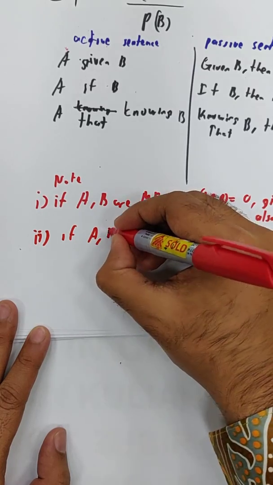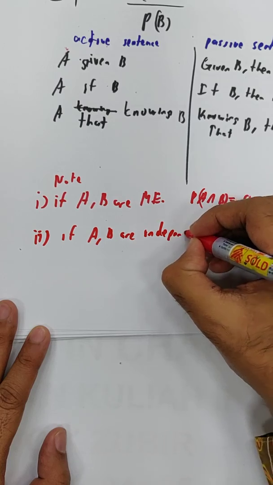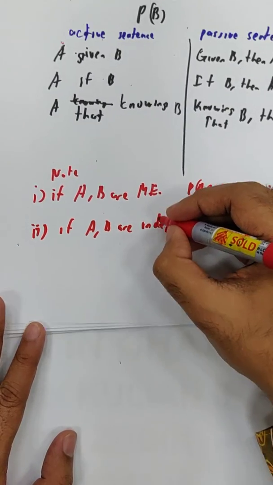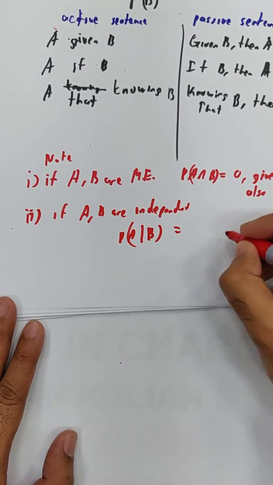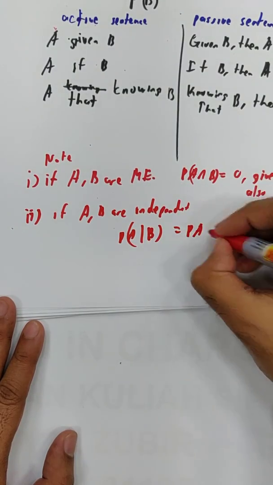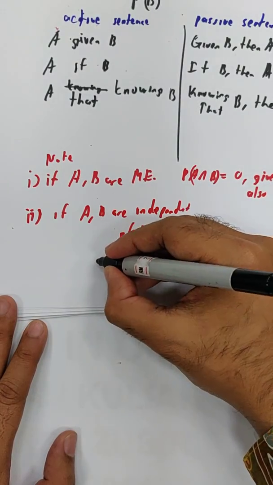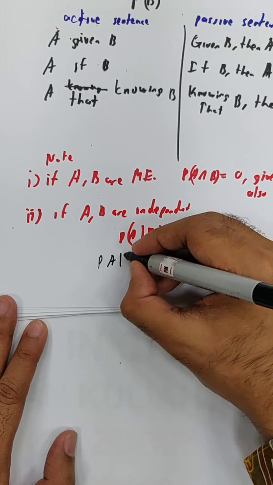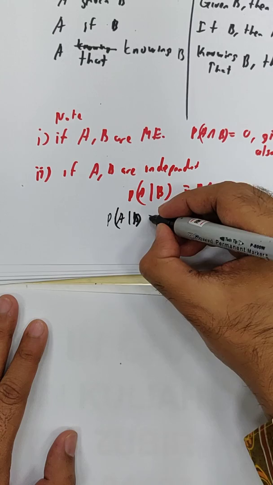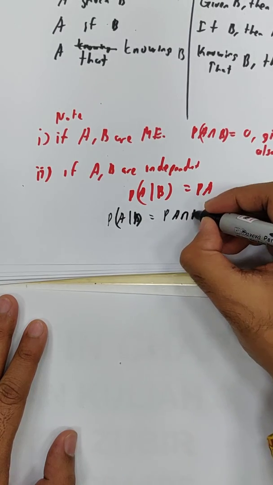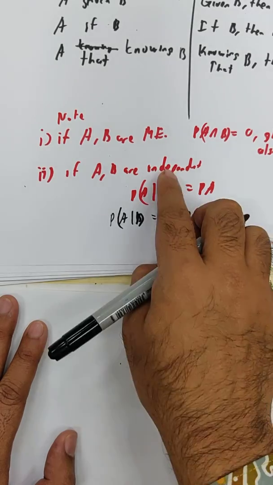If A and B are independent, then P(A given B) is equal to P(A). I'll show you this one. P(A given B) I can also rewrite as P(A intersect B) over P(B). And what do I know about independent?